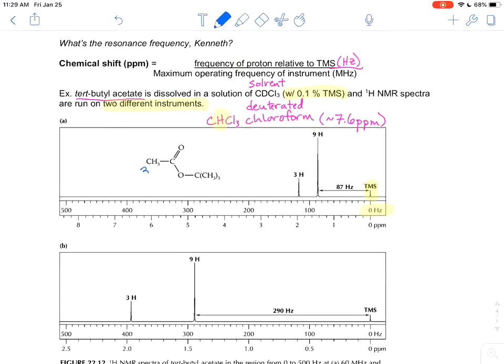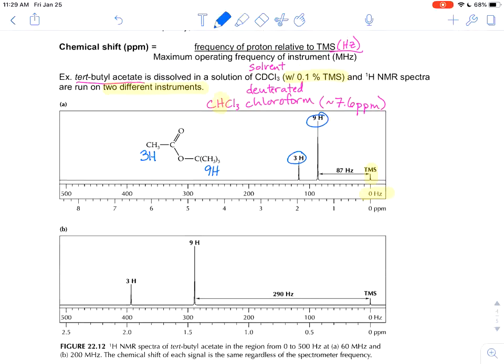We have a 3 hydrogen signal and a 9 hydrogen signal. All 9 hydrogens in the tert-butyl group are equivalent. So we can see over here that equates to a 3 and a 9 hydrogen signal. Now this is the 60 megahertz instrument. That's just the maximum operating frequency of the instrument or of the magnet.